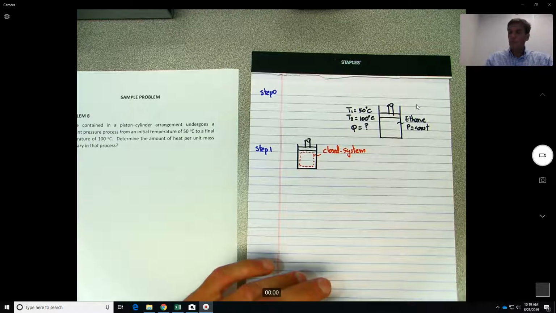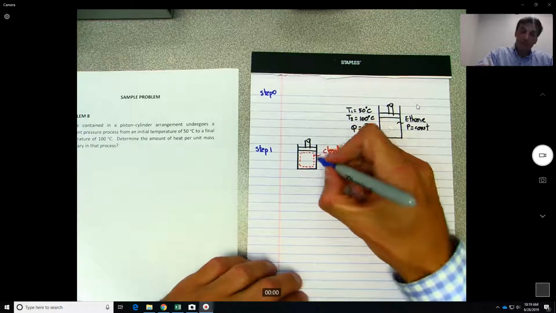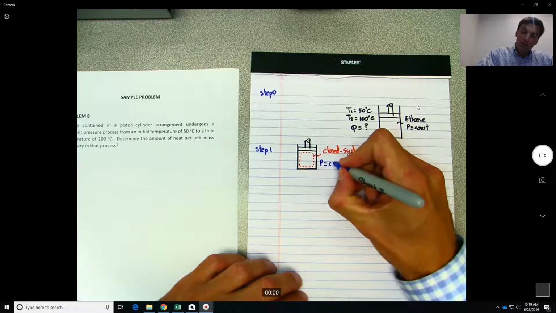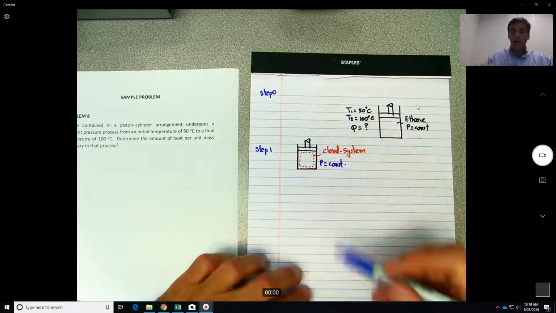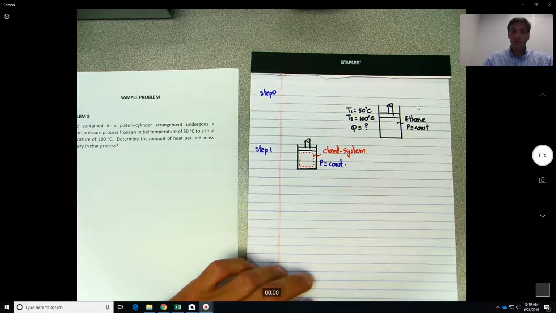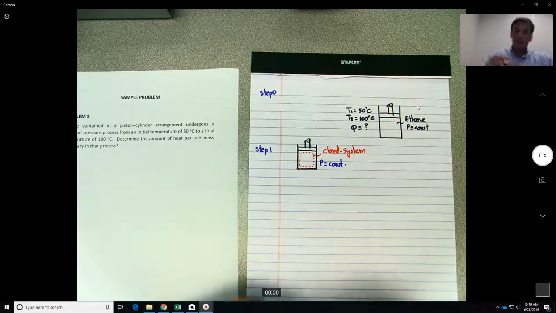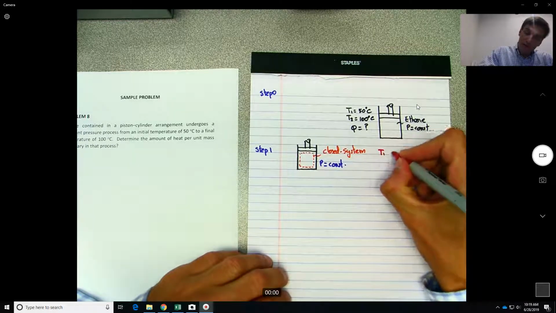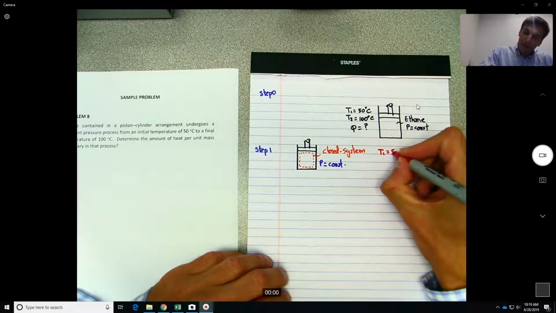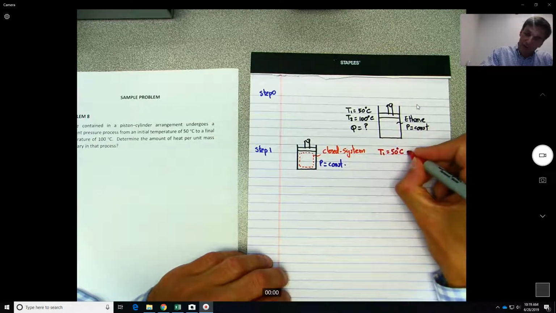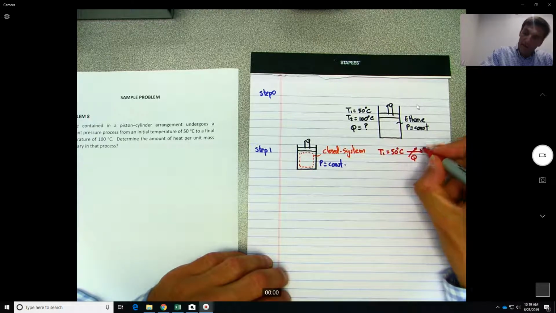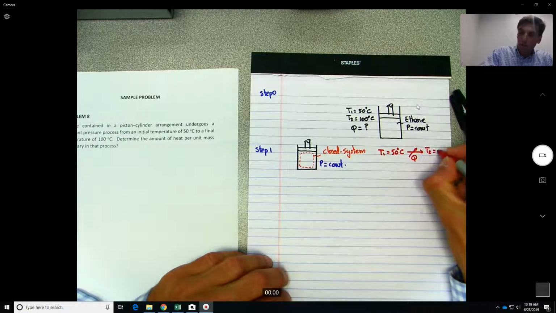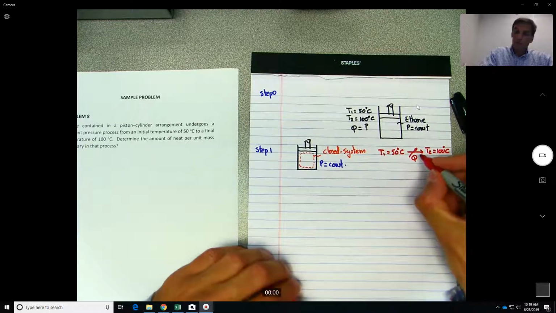Within the piston, if the pressure is constant, that means that this piston head is free to move up and down. And we know that the initial temperature is 50 degrees Celsius. We apply heat, and we end up at a final temperature of 100 degrees Celsius. And what we need to find is Q.